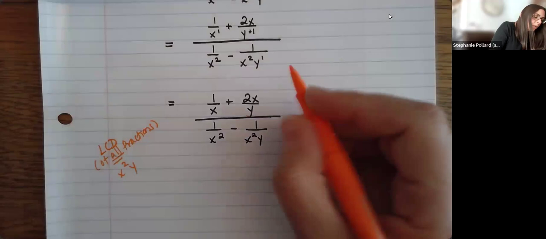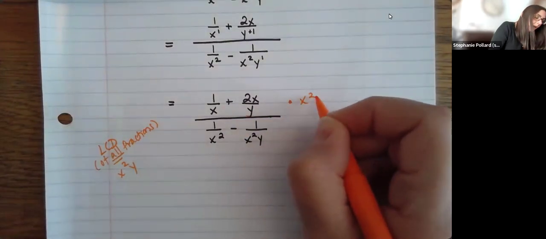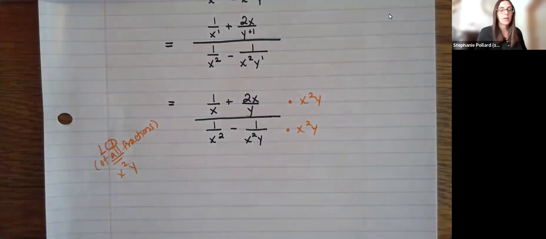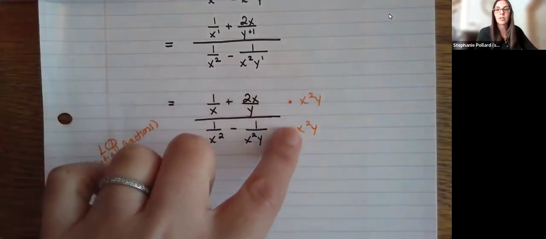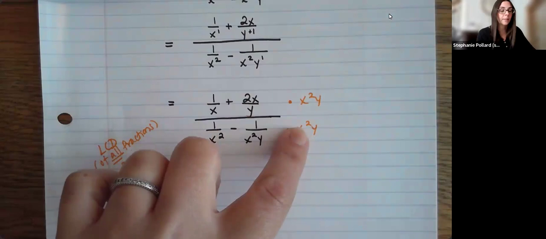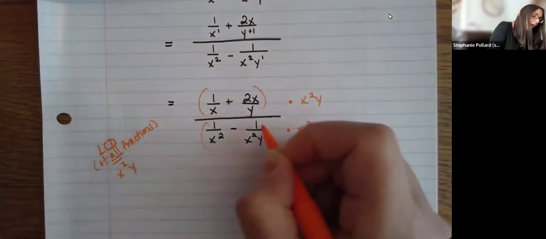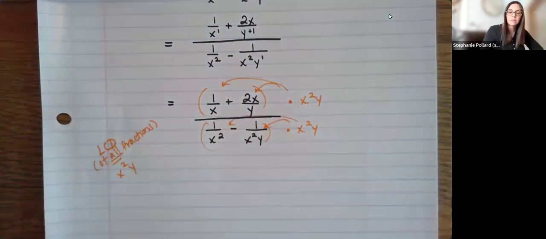And then what you do is you multiply by that x squared y on top and on bottom. And the reason we do that is because we're keeping it consistent. We're actually multiplying by 1 here because we're multiplying by the same thing on top and bottom. The only thing you have to be careful of is you are going to have to distribute that through to all the pieces.